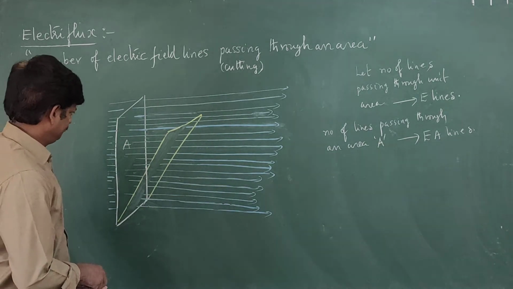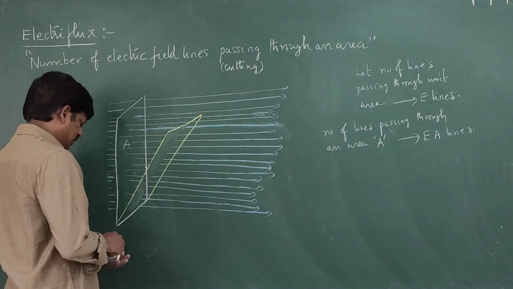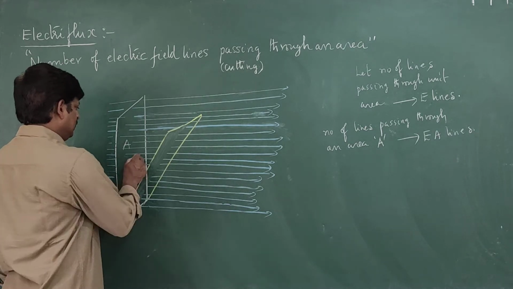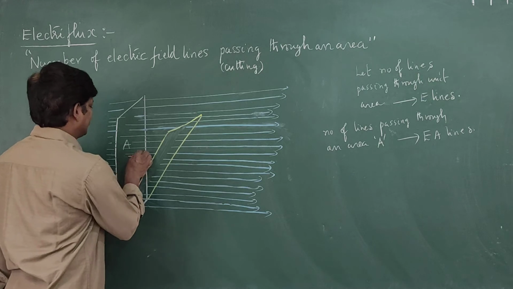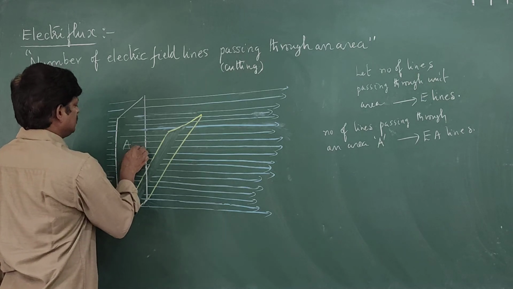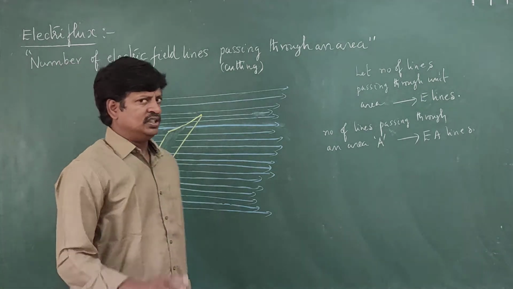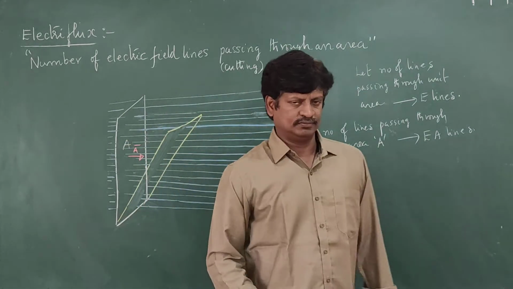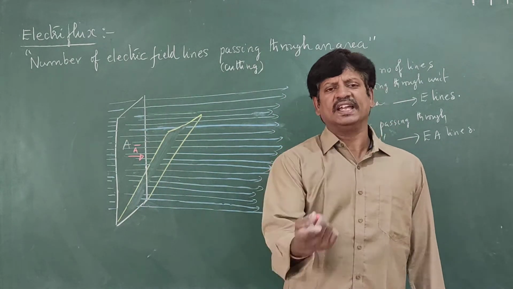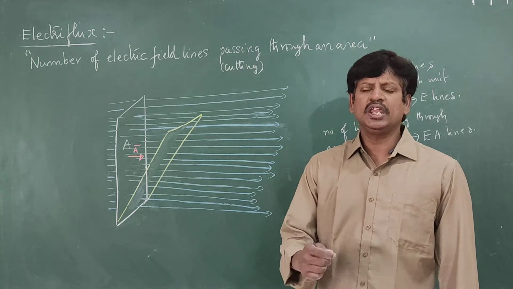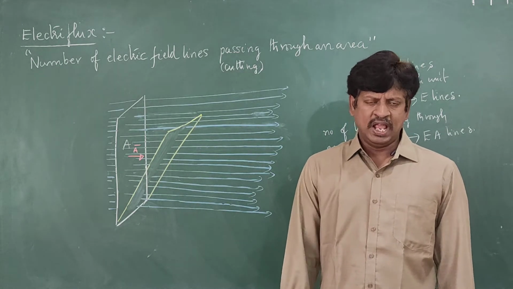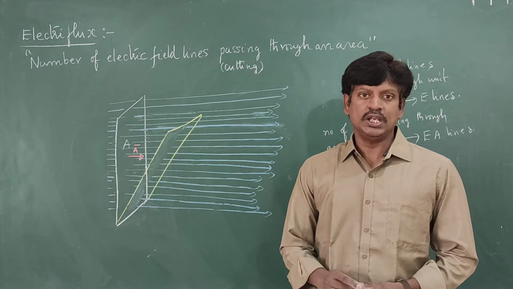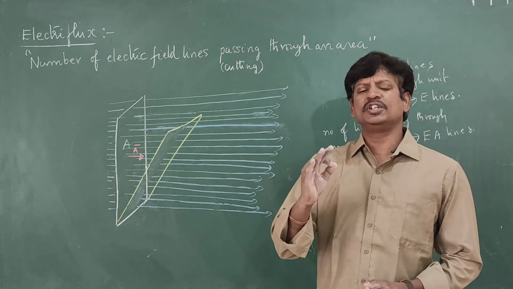It's very simple. Let us imagine area as a vector. Actually speaking, area is not a vector, but we assign a direction for the area, so it becomes a pseudo-vector. The area vector is always perpendicular to the area.